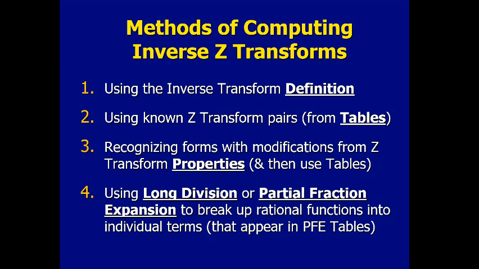And when we do partial fraction expansions, we're trying to break up the more complicated function, be it a transfer function h of z or an output signal Z transform y of z, and turn it into a collection of forms that match entries in the partial fraction expansion transform table, so we can simply look up again what the inverse transform will be.